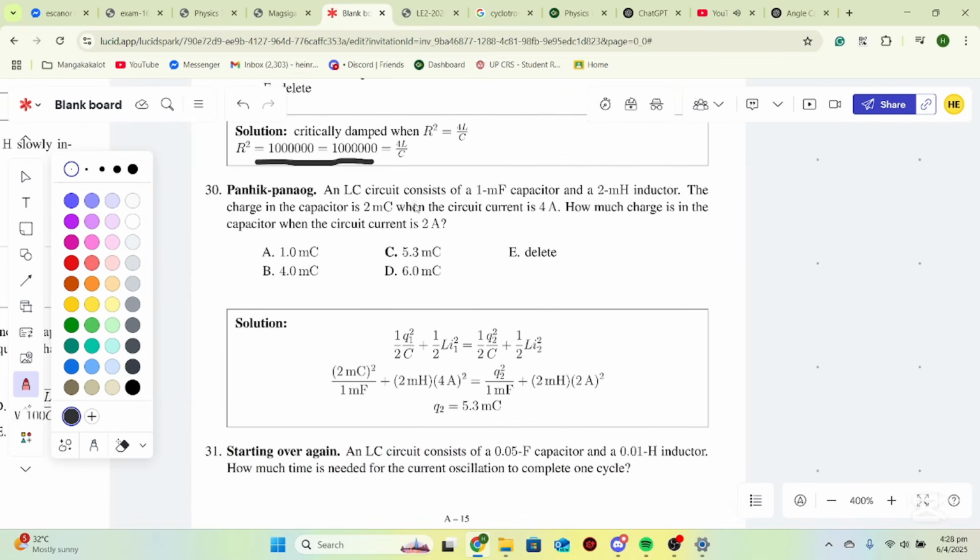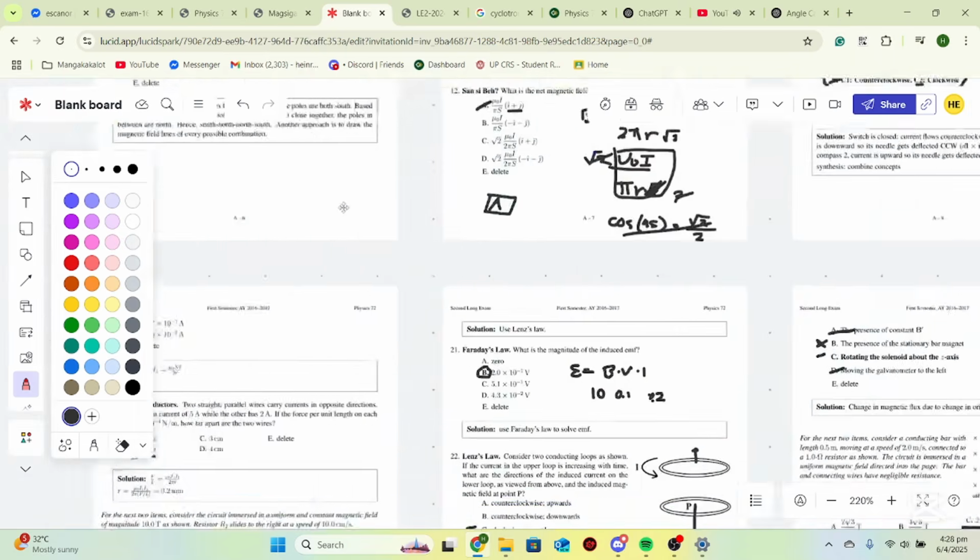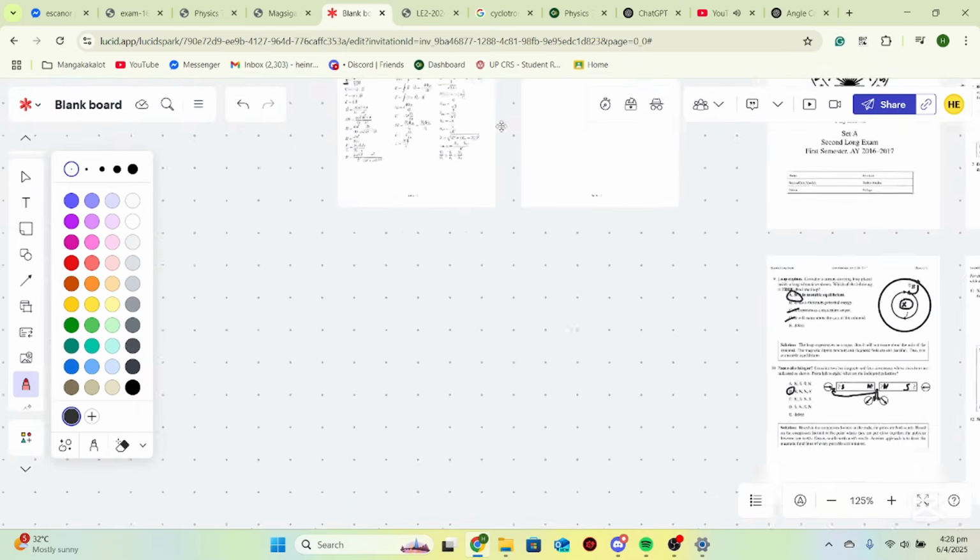For number 30, an LC circuit consists of 1 MF capacitor and 2 mH inductor. The charge of the capacitor is 2 MC. When the circuit current is 4 amperes, how much charge is in the capacitor when the current becomes 2 amperes? So it's using this equation, and that equation is given in the list of equations over here.